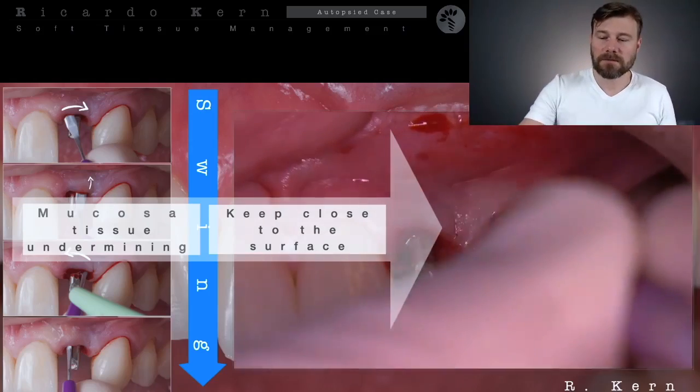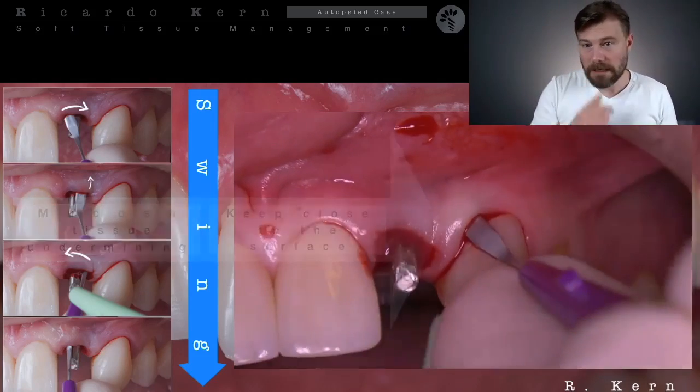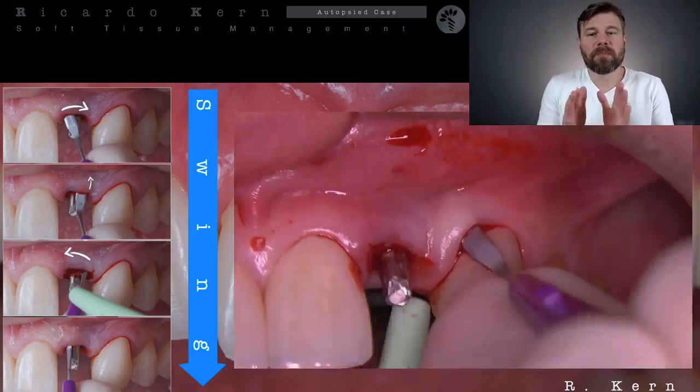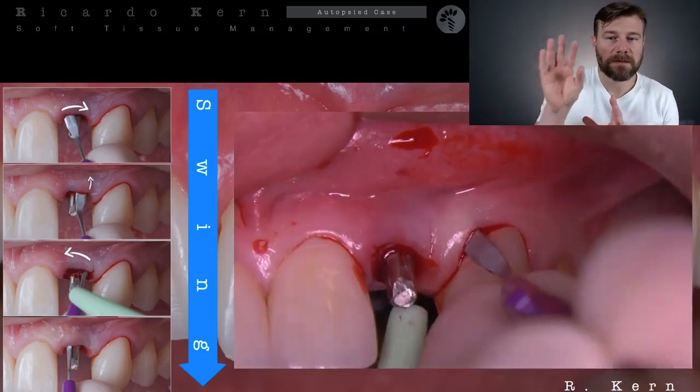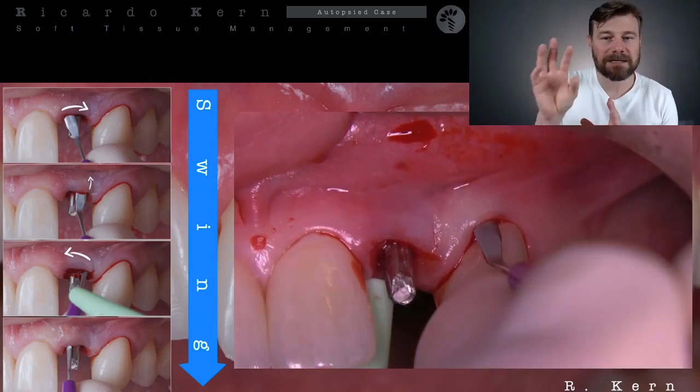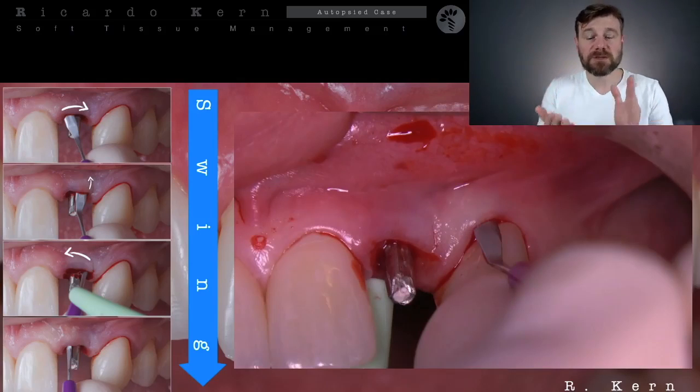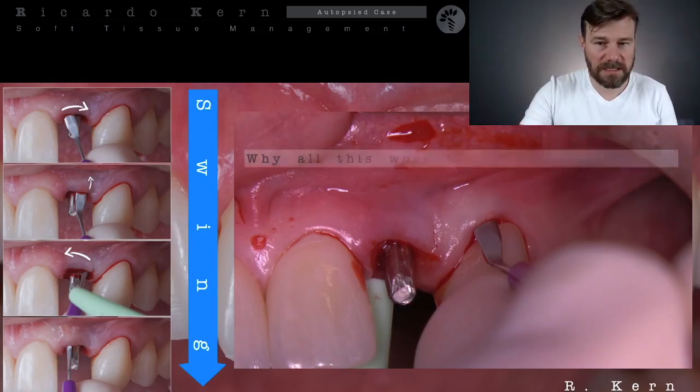So we prepare on the buccal side of this canine a full thickness flap, and under the papilla we start to split to connect one tunneling area to the other one.